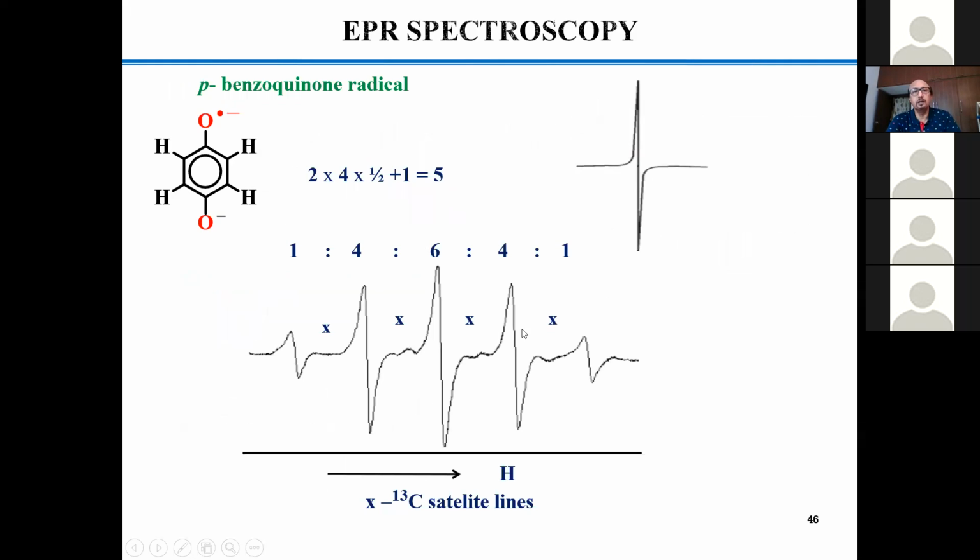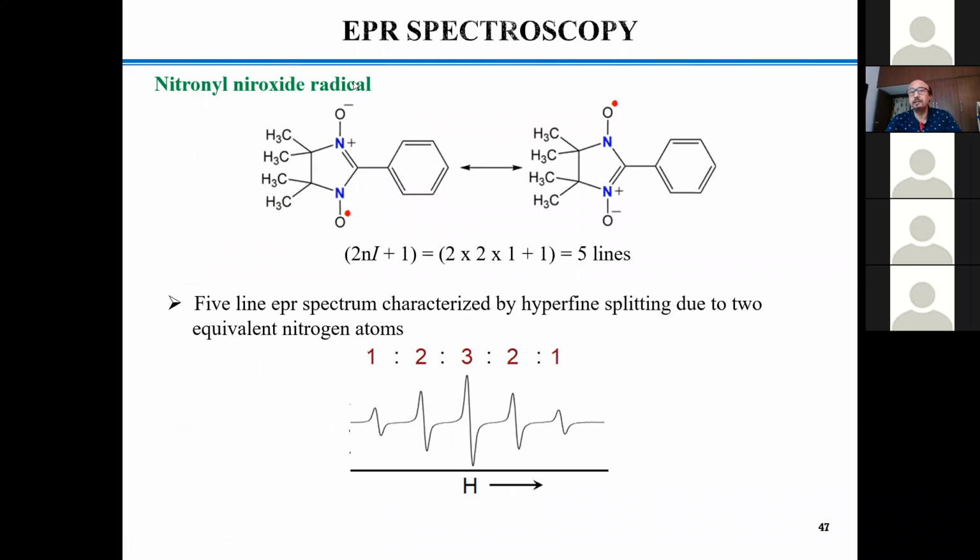Now, another thing I said over there is that the resonating configuration also allows you to interpret the number of lines, because if you consider these two nitrogens equivalent, then you will have 5 lines. If it is not so, then you will have 9 lines.